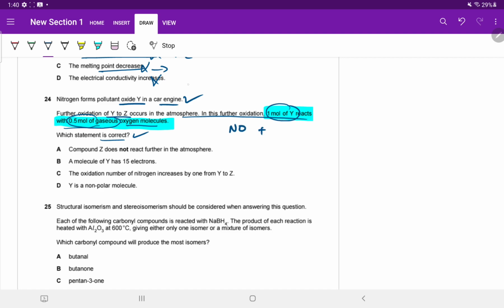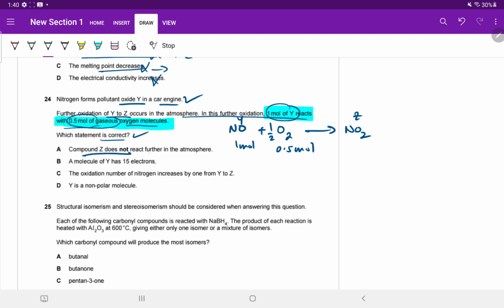We also know the catalytic converter equation, where it converts NO and carbon monoxide into carbon dioxide plus nitrogen. We're not dealing with that over here, but just for the information. So NO reacts with half a mole of oxygen in the atmosphere to form NO2. So this is 1 mole and this is 0.5 mole of gaseous oxygen it is reacting with. So this is our compound Y, this will be our compound Z.